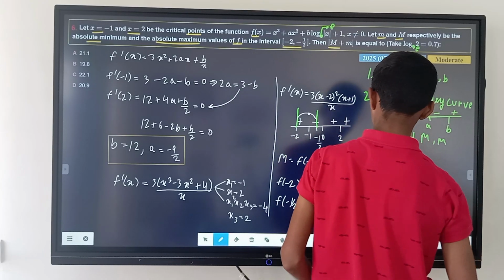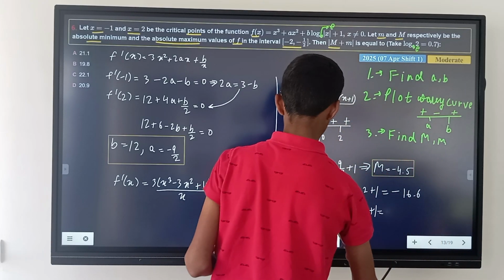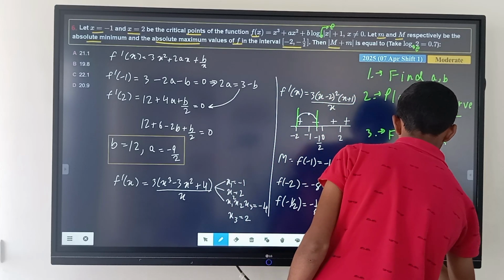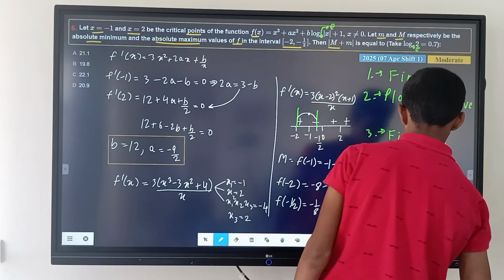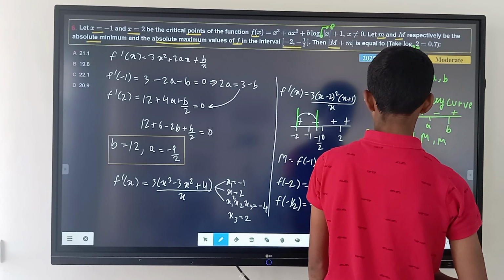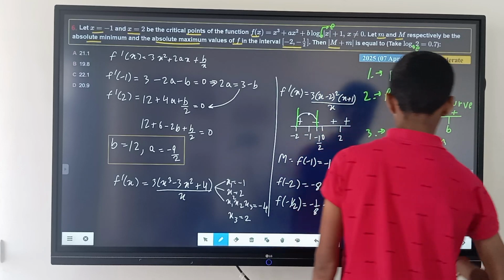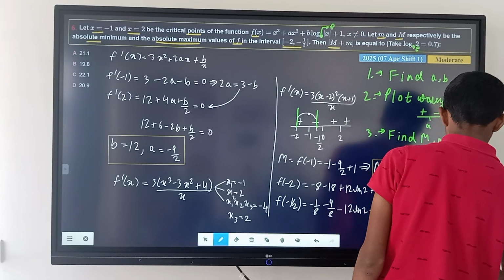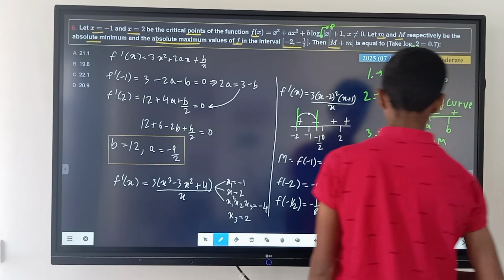This is equal to, we have 8 here, minus 5 by 4 plus 1 and minus 12 ln 2.